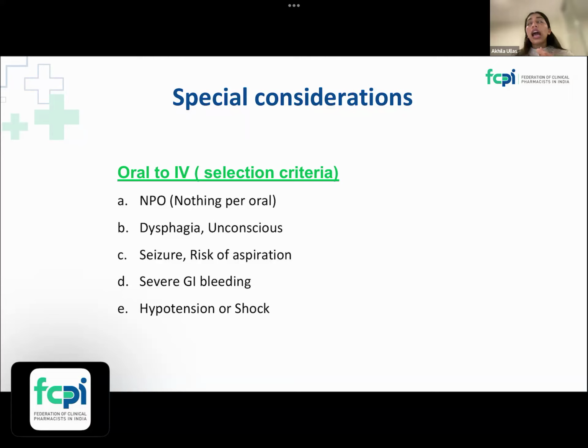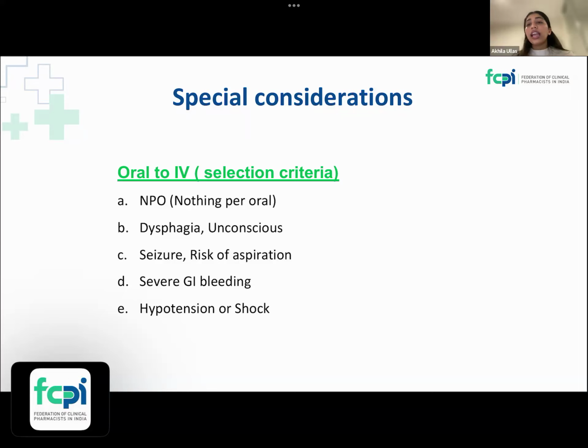And if the patient has difficulty in swallowing, a condition called dysphagia. If the patient is unconscious, intubated, or having an ongoing seizure, there is a risk of aspiration. And if the patient has severe GI bleeding, hematemesis, or melena, we'll give IV medication.